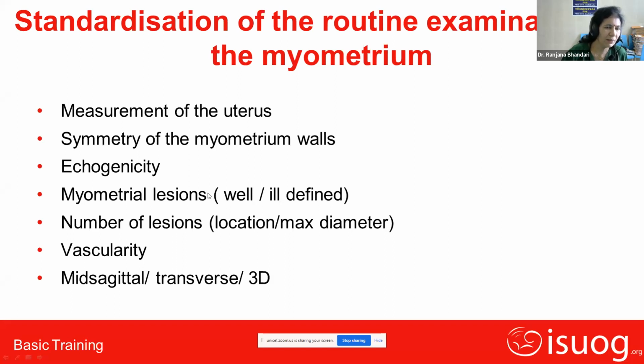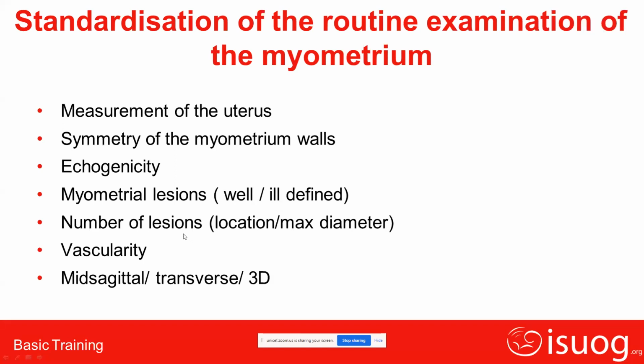We have to look properly for any myometrial lesion so that we don't miss it, whether it is well defined or ill-defined, because a well-defined myometrial lesion is a myoma and an ill-defined myometrial lesion is adenomyosis.